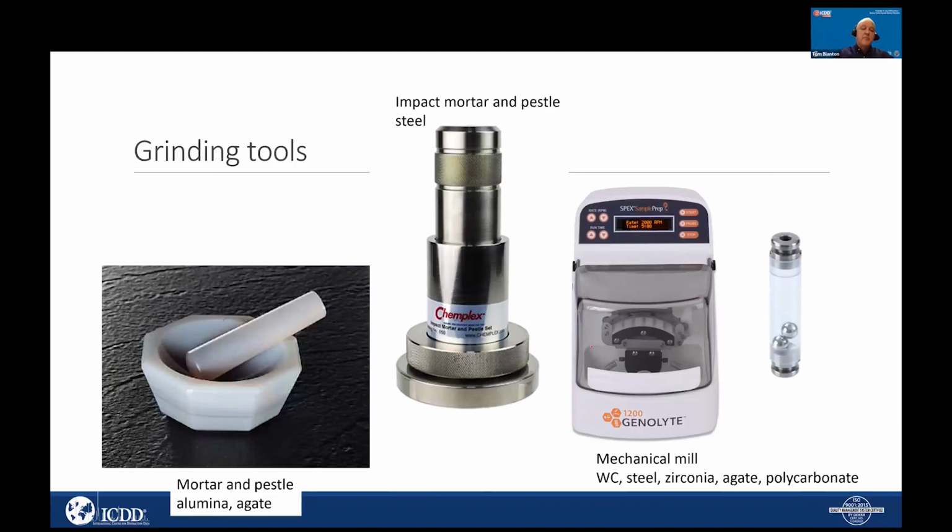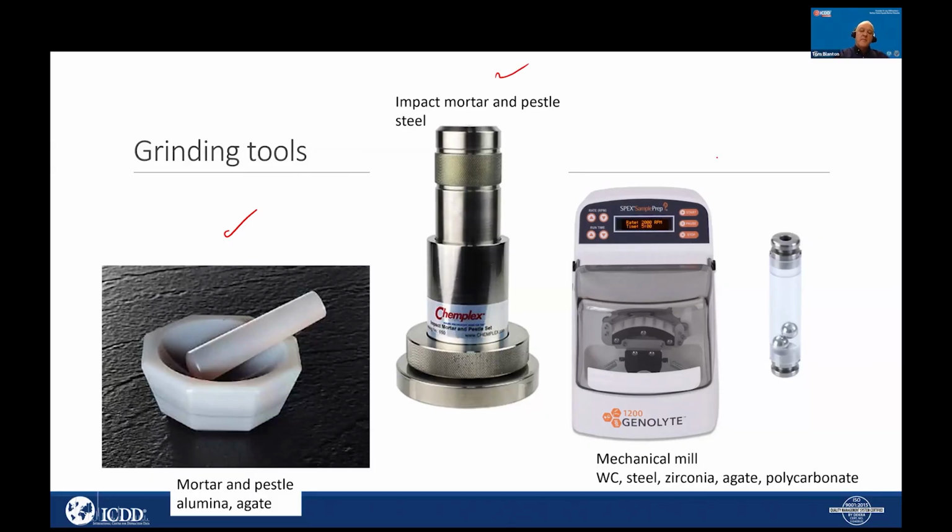How do I make small particles, or what do I need to do to grind my sample? And these are some common grinding tools. The traditional is just a hand grinder with a mortar and pestle, typically made of alumina or agate. You have what we call an impact mortar and pestle. This is what you use oftentimes if you've received a large, say, rock sample, and you use this to crush that into smaller component pieces that are then ground to a fine powder.